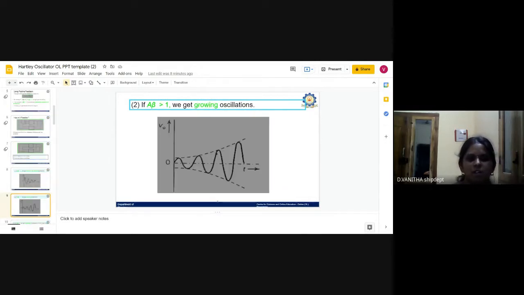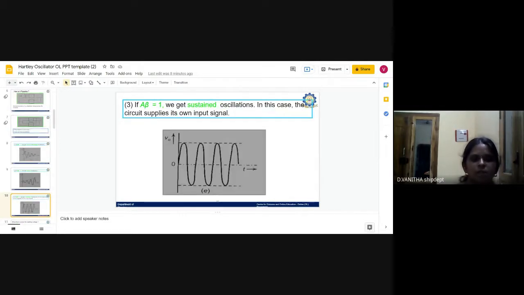The second condition is that if A beta is greater than 1, we get growing oscillations. This is the reverse of damped oscillations. The amplitude of the waves grows with respect to time. The next one is that if A beta is equal to 1, we get sustained oscillations.